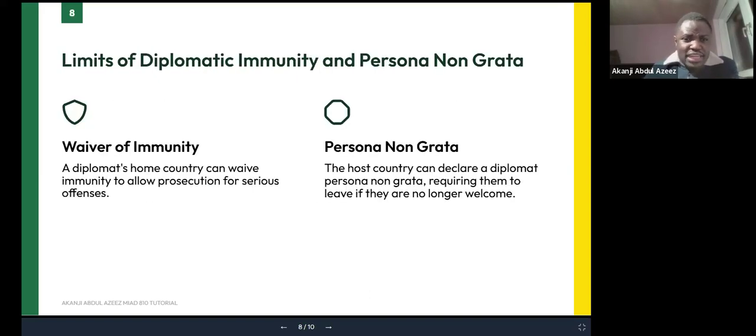Before we look at this slide, I just want to add another thing. We might be asking ourselves why diplomatic immunity exists. Can anyone just reply to that for me? Why diplomatic immunity exists? Can anyone reply based on your own understanding of what I've been explaining now? Just contribute.